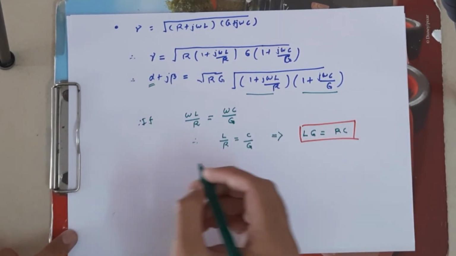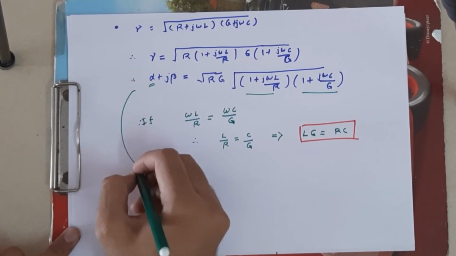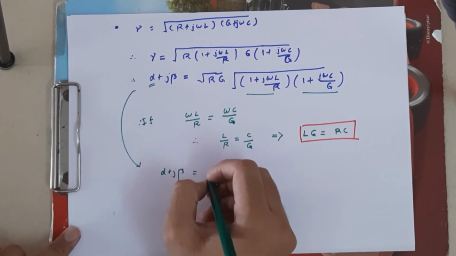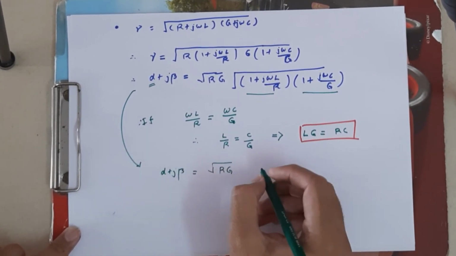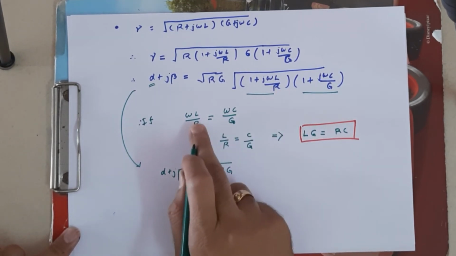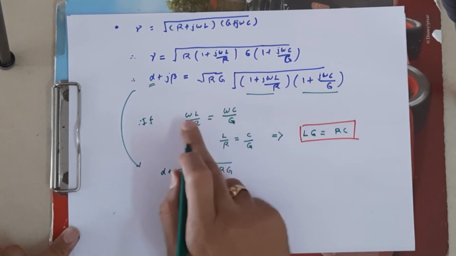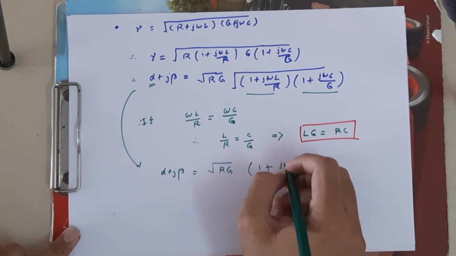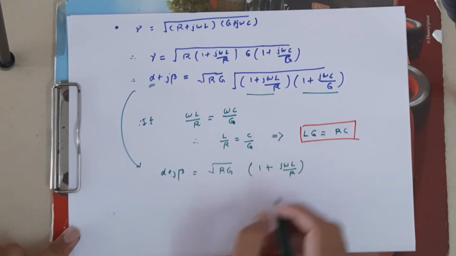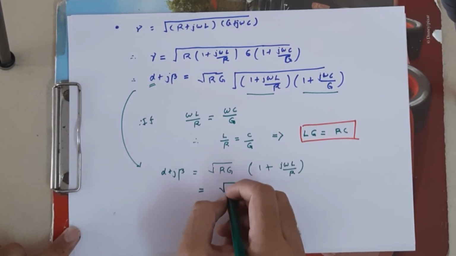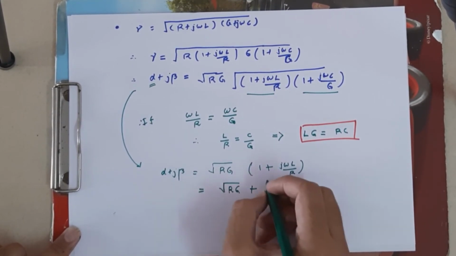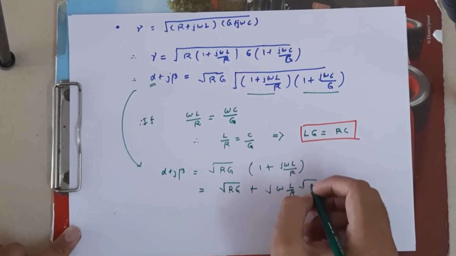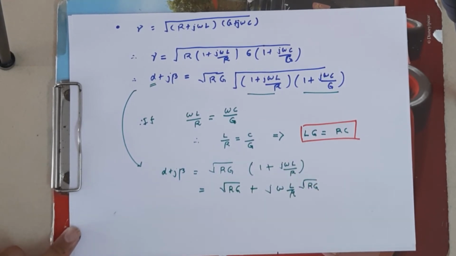Now I can write this equation this way: alpha plus j beta is equal to the square root of RG times (1 plus j omega L by R). Here you can put omega L by R in place of omega C by G.